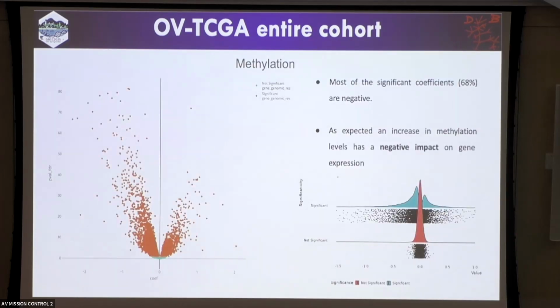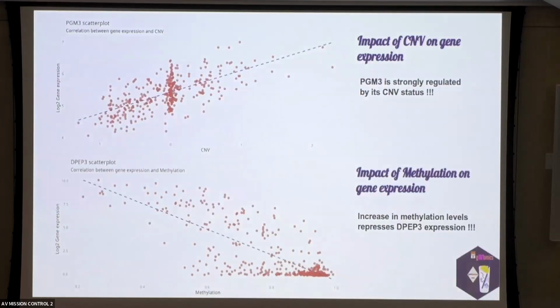And for methylation, we have quite the opposite. Again, we found a lot of significant coefficients, but most of the significant ones in this case are negative. And again, this is what you would expect from the biological point of view, because it means that when methylation goes higher, gene expression decreases. So these are two other plots taken from the Shiny app, just to let you see that the user can see for single genes the correlation between the gene expression and copy number variations in the upper plot, and methylation in the lower plot.